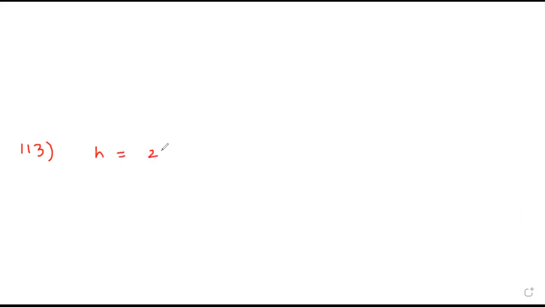Height is 2T cos theta upon r rho g. The product of the radius of meniscus and the height of the capillary tube always remains constant. This small r is the radius of the capillary tube.